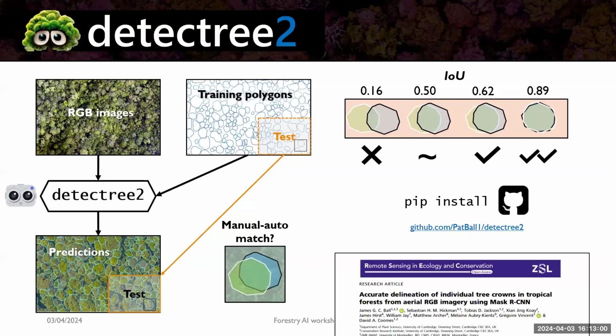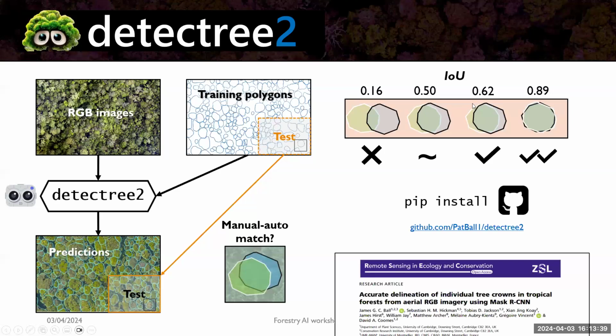But just briefly, what you do is you show it the RGB images, the aerial images, and the training polygons that you've generated, and through a process of showing the network these images over and over again, it will learn how to replicate the human delineator and then start to do that automatically. So you can show a relatively small amount of area that humans have done, and then it can scale that up very rapidly, and you can delineate all the trees and find where the trees are in vast tracts of forest.